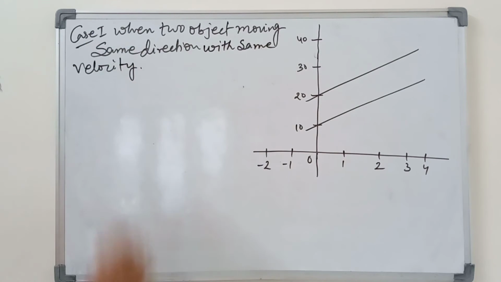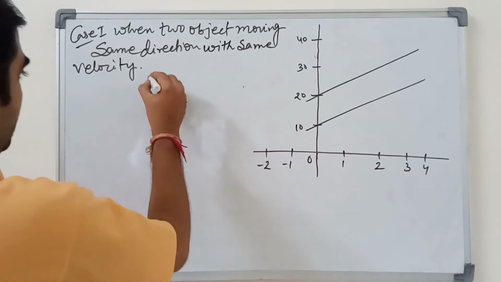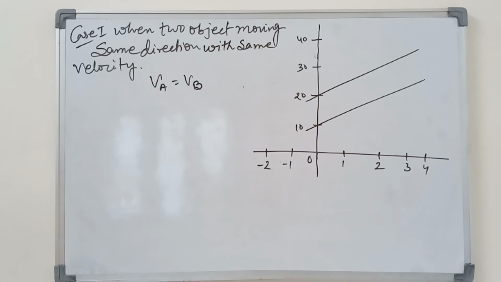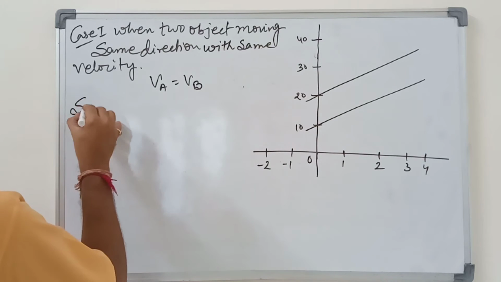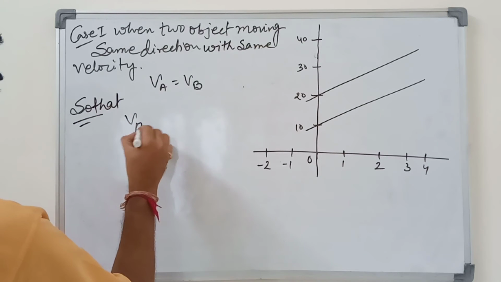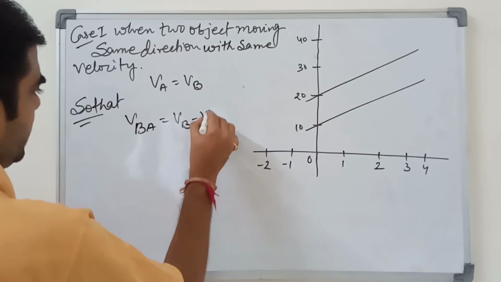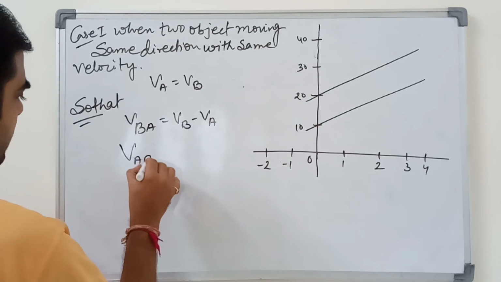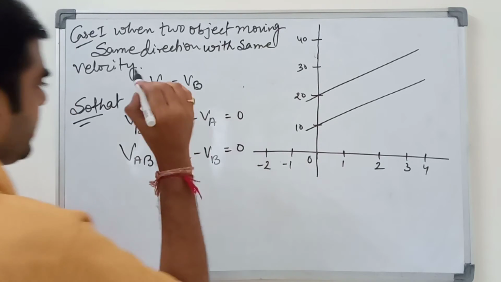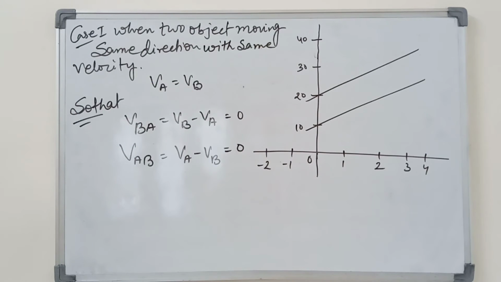It means vA and vB are equal, so that vBA, which is vB minus vA, and vAB, which is vA minus vB, are both zero. Both are zero in this case, where both move in the same direction.